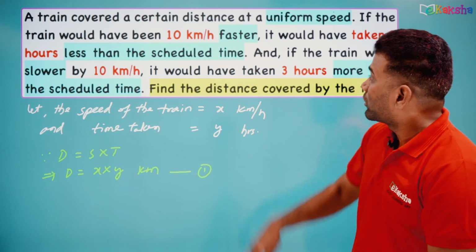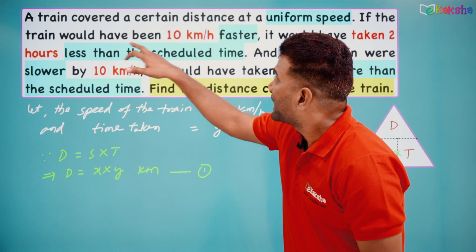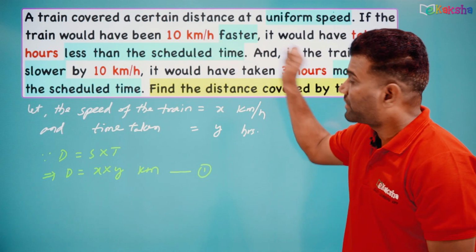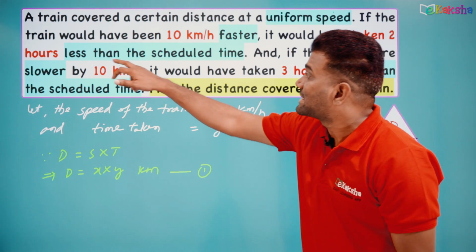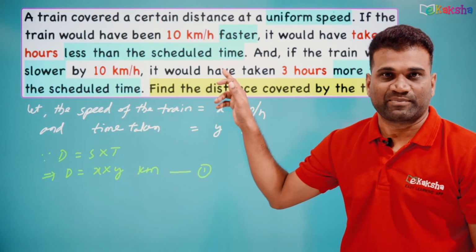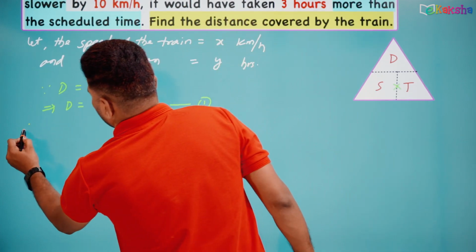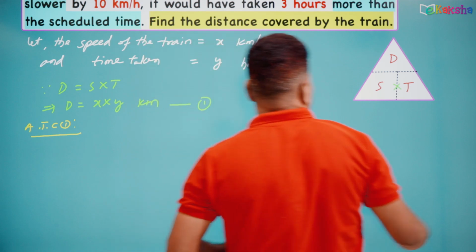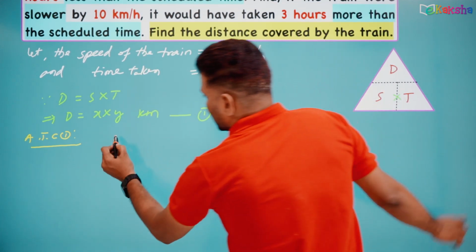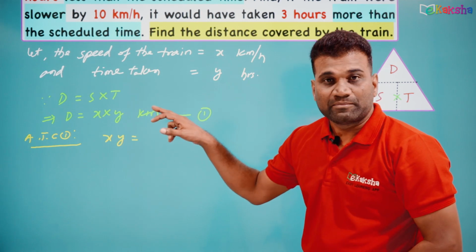Now here, according to the first condition, what is that? If the train would have been 10 km per hour faster, it would have taken 2 hours less than the scheduled time, right? So according to the first condition, this distance xy is equal to speed into time.